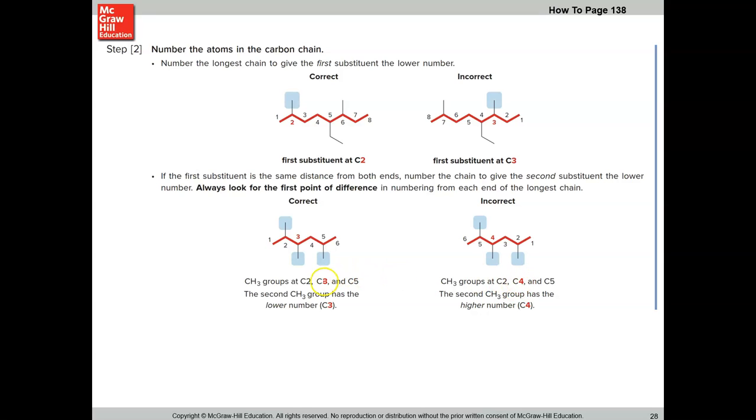So this 4 versus the 3, that's not correct. We want to have the lowest numbers. And again, the point of this is to have a systematic way of doing this. So every time you create a compound, you're going to be able to create it from the name, or from the name be able to recreate the compound. Eliminating these ambiguities helps us to do that.